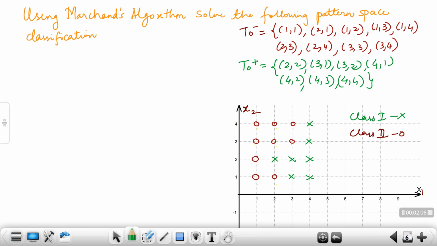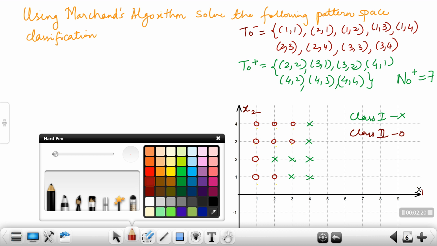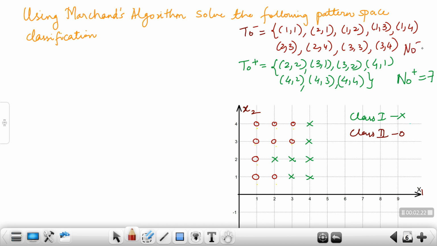Now how many points do we have in T0 plus? We have 7 points. So N0 plus will be equal to 7, and N0 minus at the beginning will be 9. Nine points will be there in class 2 and in class 1, 7 points will be there.